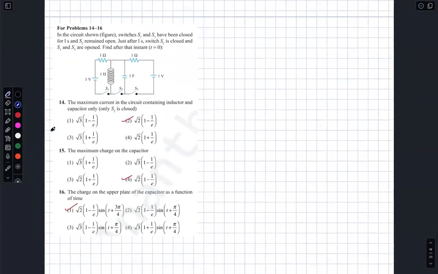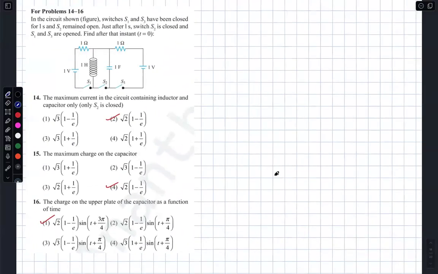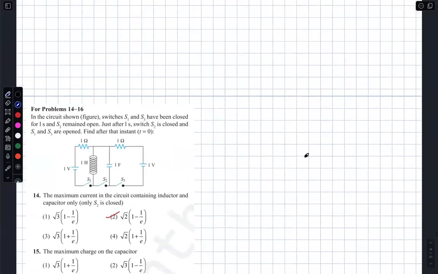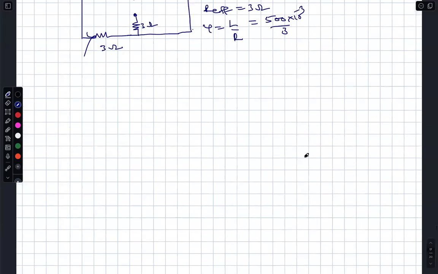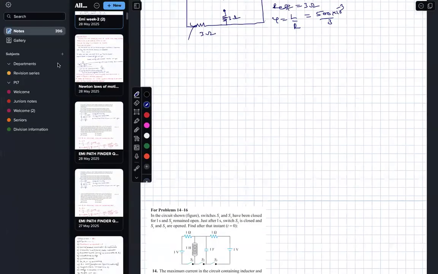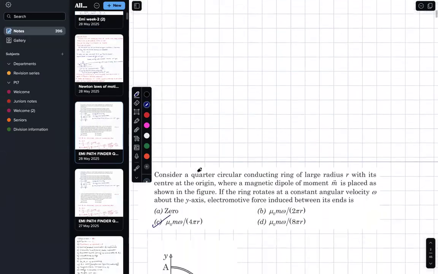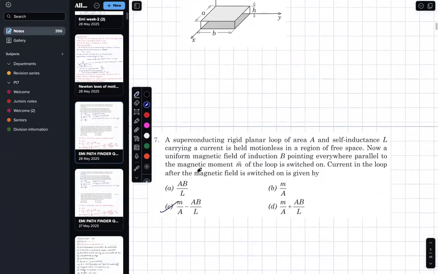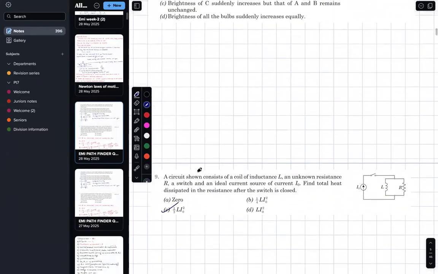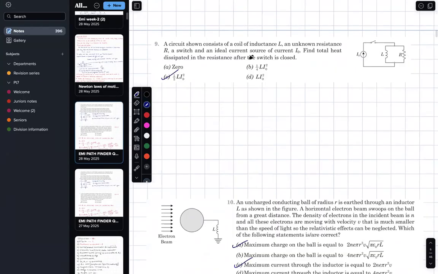Yes, this is also an excellent question. Start working on this. Arey, 1 minute. 1 minute. Before I do this, I want to do one more question. This is the question.